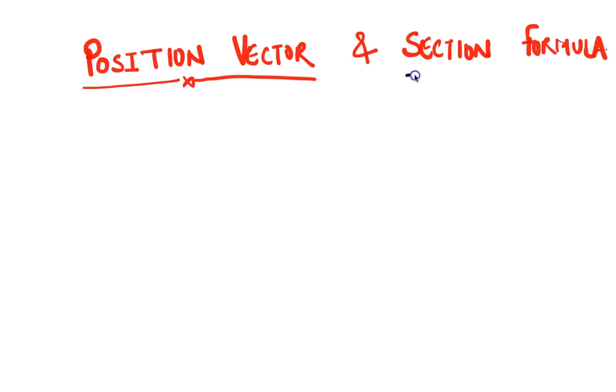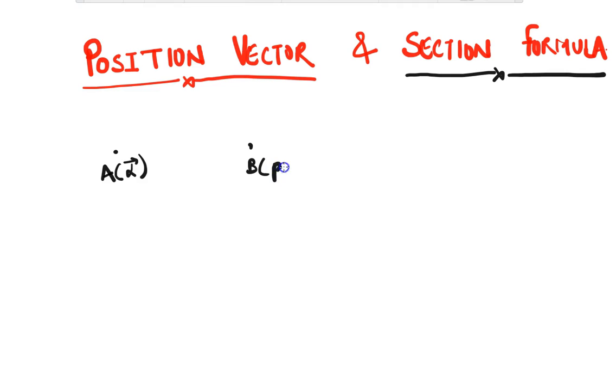Now let's talk about another concept, which is the section formula, right? So you have seen that there's an A vector, and I have this B vector: A with position vector alpha and B with position vector beta.